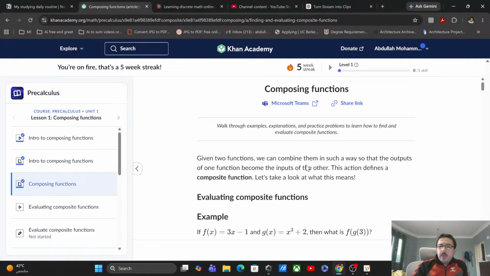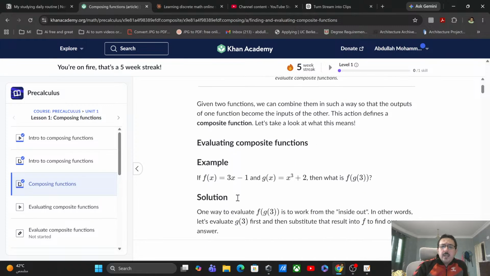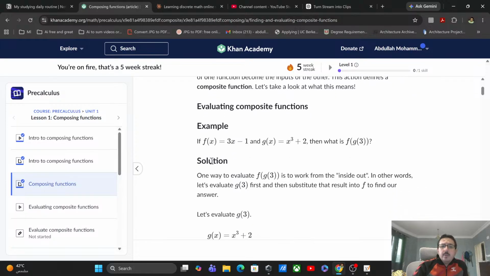Given two functions, we can combine them in such a way so that the outputs of one function become the inputs of the other. This action defines a composite function. Let's take a look at what this means. Evaluating composite functions.